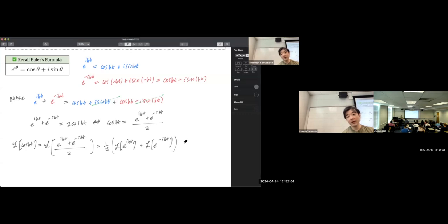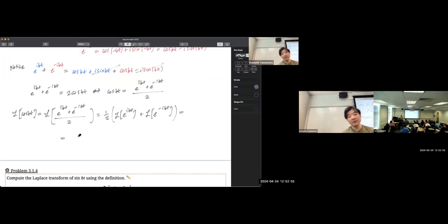And we already know from before what that is. What's the Laplace transform of e to the i bt? Your a is equal to ib in this case. So it'd be 1 over s minus ib, and then this one's going to be 1 over s plus ib.